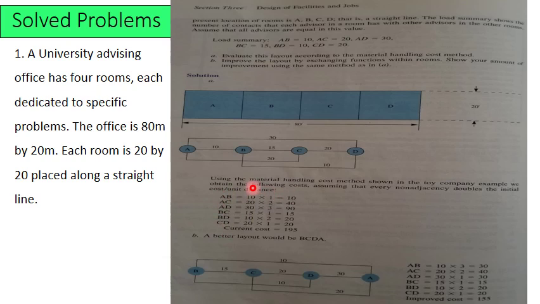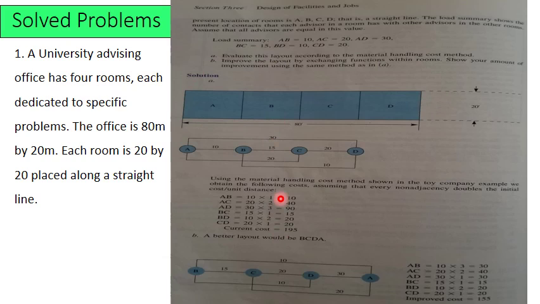And we calculate the remaining costs: cost equals the frequency times the cost. So we get the cost here. The current cost is 195. 195 is the cost incurred with the existing configuration.